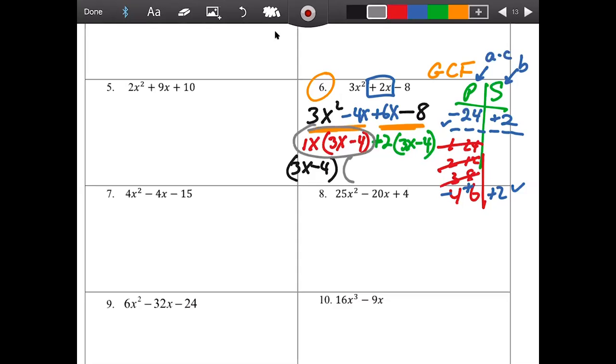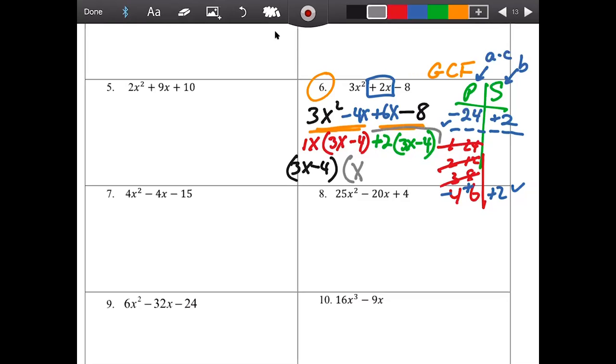Just the x. So I factor out 3x minus 4, and all I've got left is 1x.